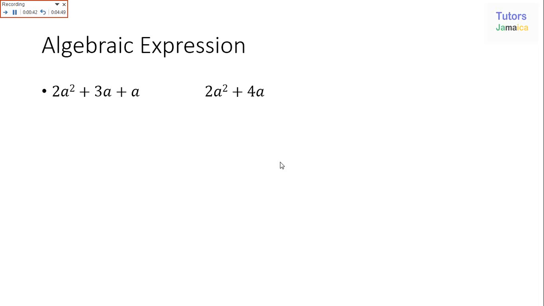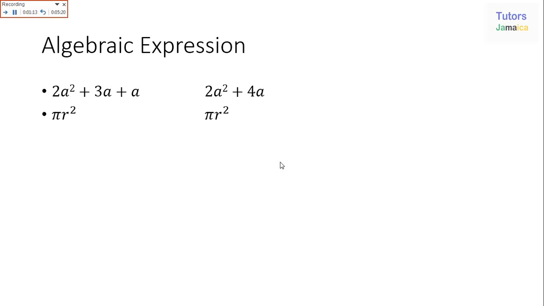So 2a squared has a squared for its index, while 4a does not have an index, so we assume the index to be 1. Because of that fact, we cannot add them. Now, pi r squared cannot be simplified because there's nothing to add or do anything to. So we can't do anything more with that.